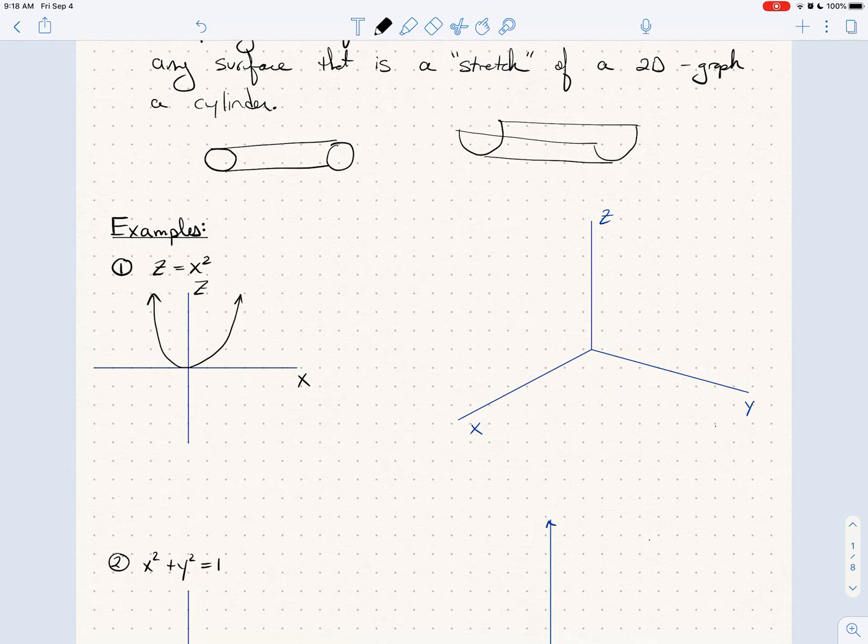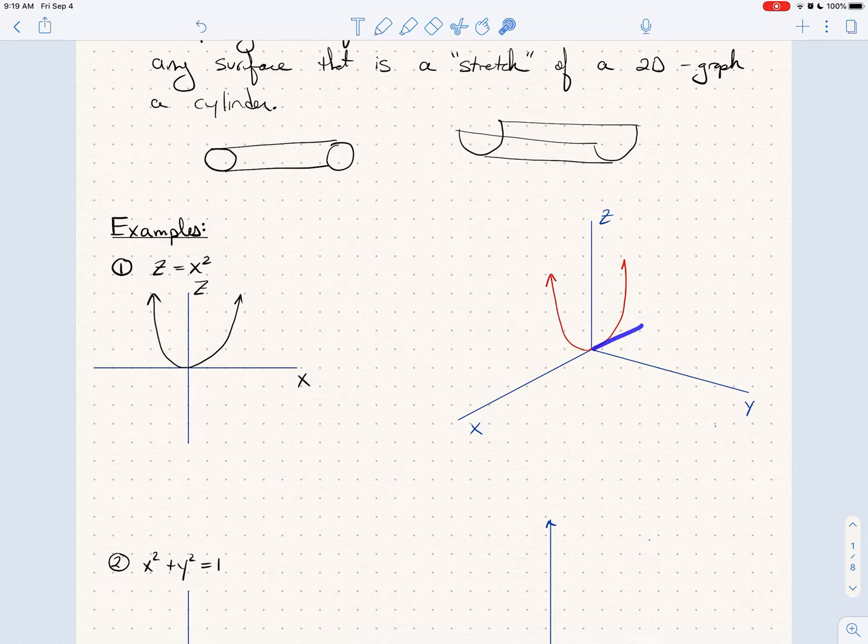Okay, the key is that you stretch this graph. When you want to graph it in 3 space, it's not just a parabola. You want to stretch this graph along the missing axis. And so we're going to go ahead and take this picture that we drew. This is living in the ZX plane. Here's again a copy of the ZX plane, and we're going to graph a copy there. Now it's been kind of flipped.